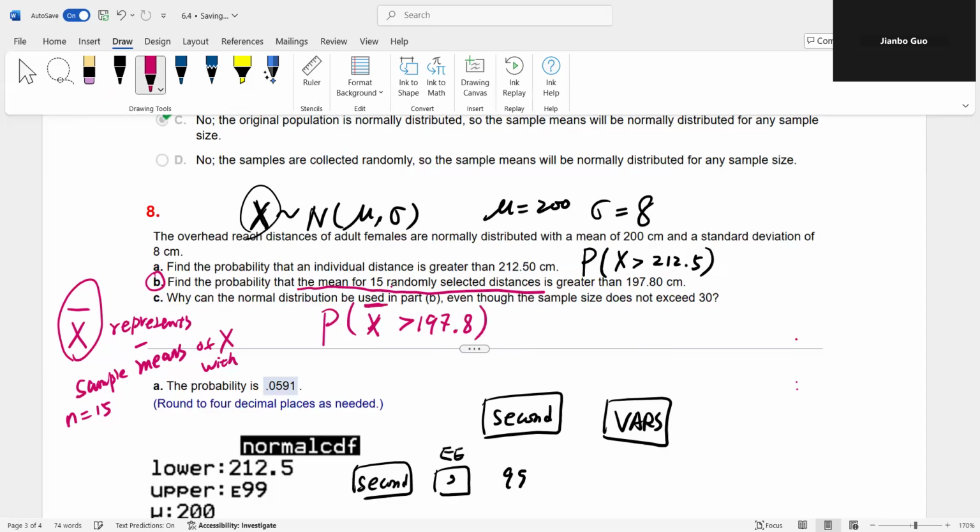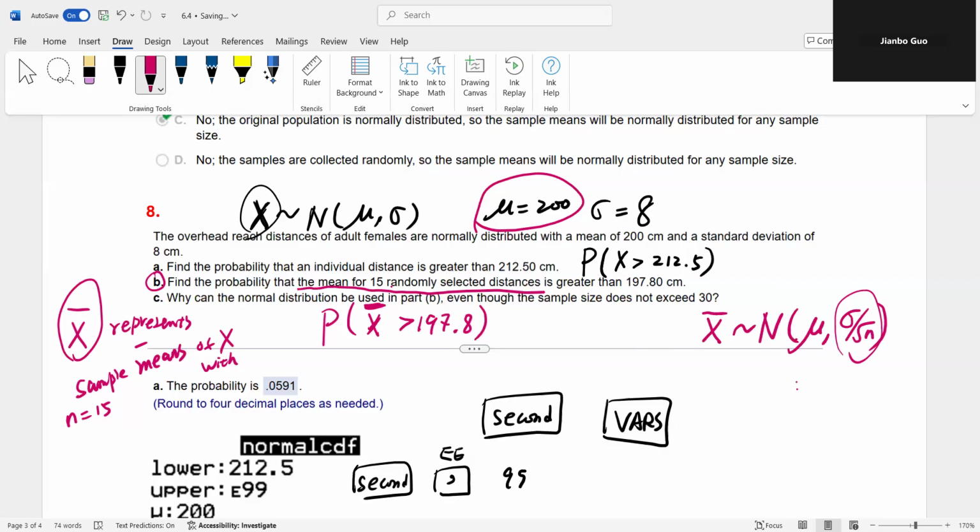What's the distribution of sample means? Based on the central limit theorem, the sample mean here is also normally distributed. But the mean is the population mean, the same as mu equals 200. And the standard deviation is sigma over root n. Standard deviation is the population standard deviation divided by the square root of the sample size.